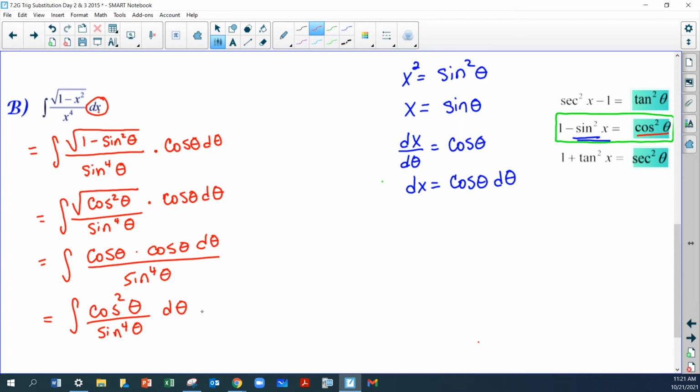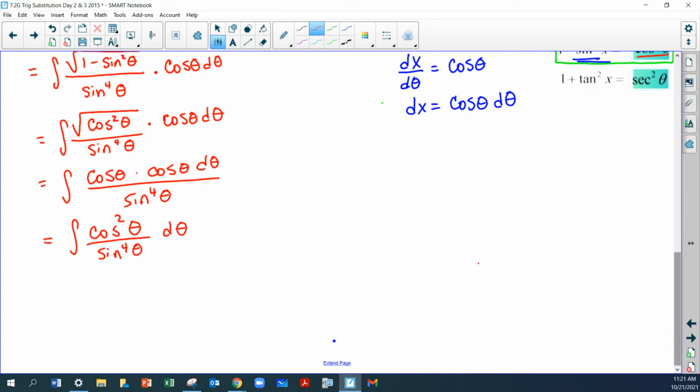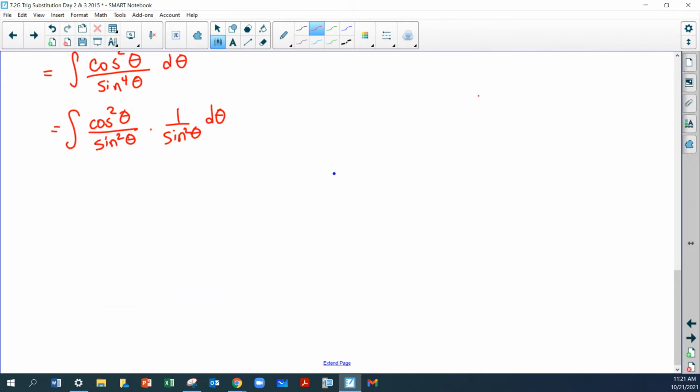Let's try breaking this into, I'm thinking about going squared squared on the bottom. Why would I do that? Well, I could call this now, that's a cotan, isn't it? That's a cotan squared theta times a cosecant squared theta d theta.